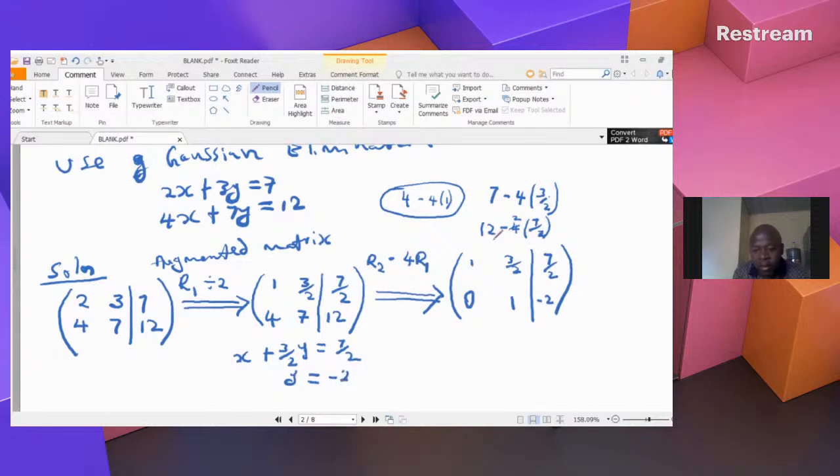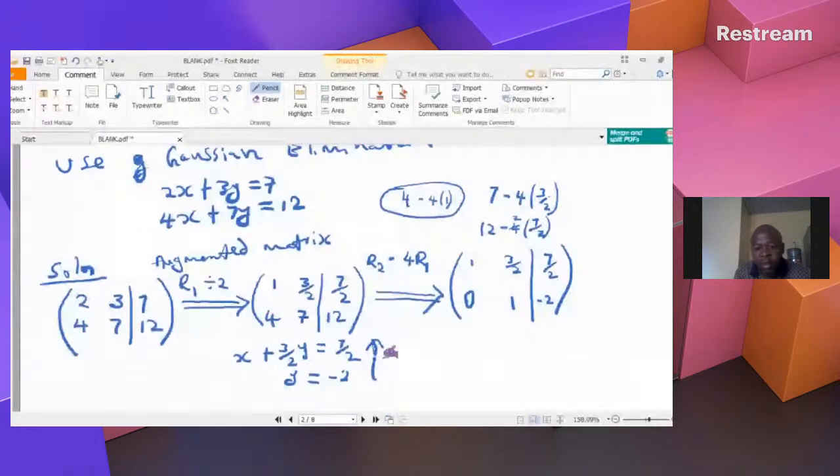This is what this echelon form of this matrix means. That if I have 1x plus 3 out of 2y, it gives me 7 out of 2. And 0x plus 1y would give me negative 2. And it's at this point that I said that we would now solve this from bottom going up.